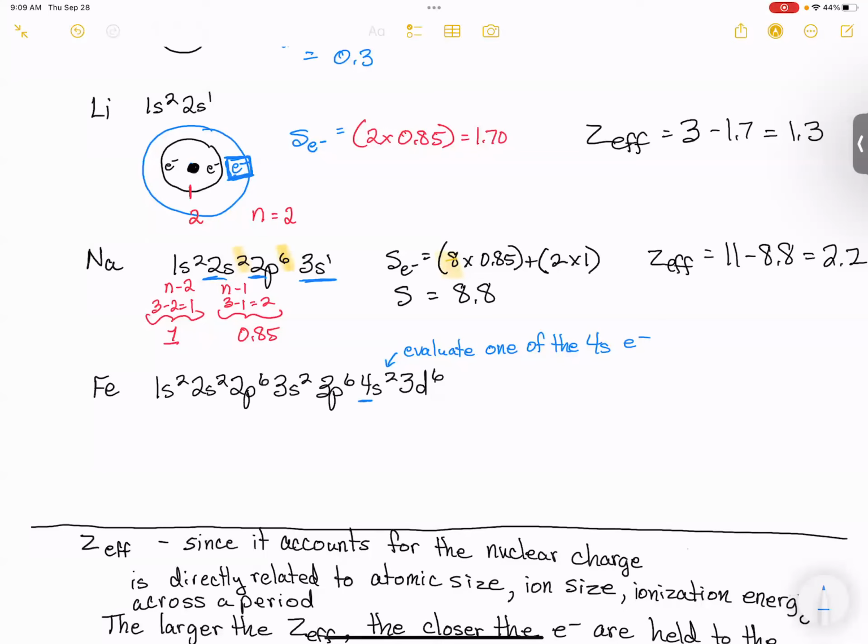So I'm starting with n of 4. I'm only evaluating one of those electrons, so there's still one of them in there. So this is going to be 1 times 0.35, according to that table.